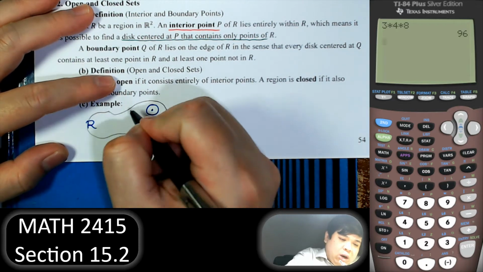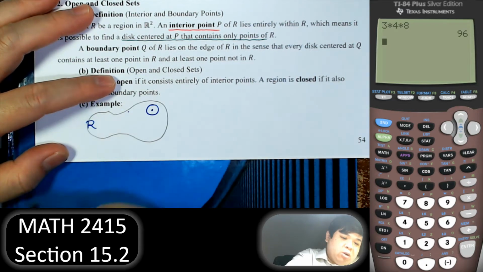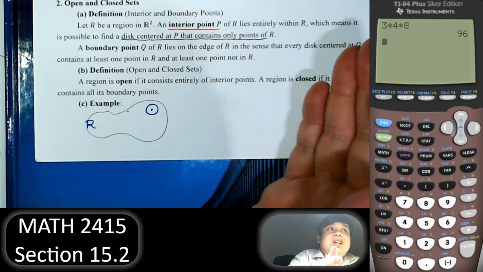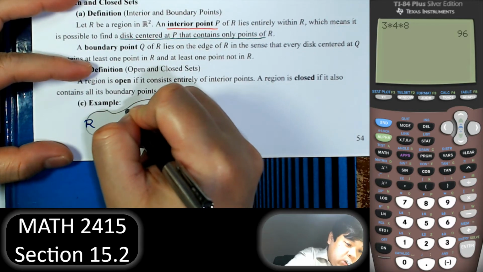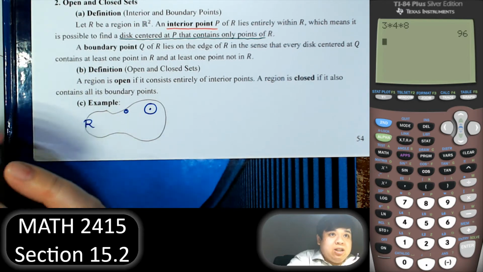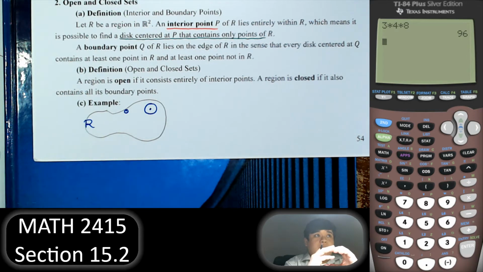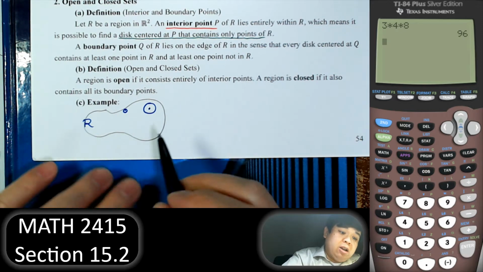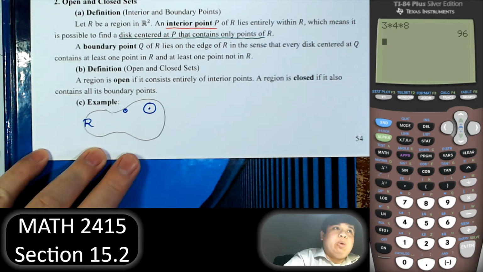And what happens if we have a point that is extremely close to the edge? It doesn't matter. We're going to use a disk of a smaller radius, but we still have a disk around the point that is completely inside the region. By that definition, that is called an interior point.